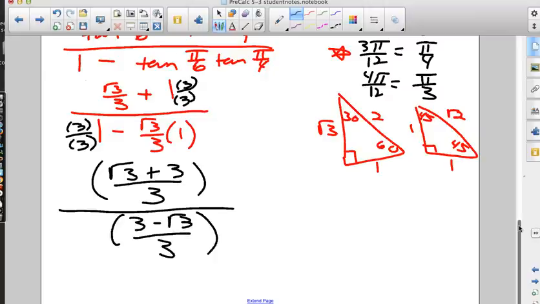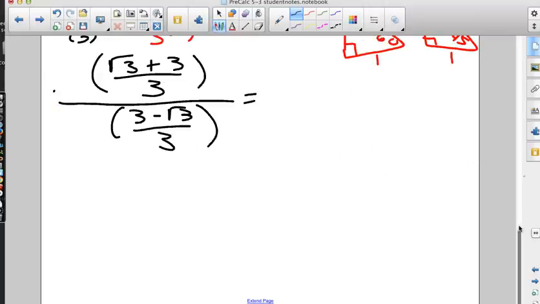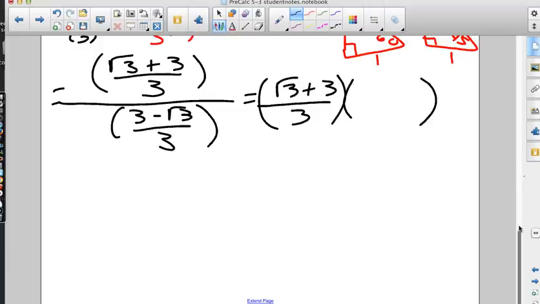And hopefully, you're already doing that multiply by the reciprocal in your head and seeing this comes out a little bit nicer. Not a lot, a little bit nicer. These will cancel.